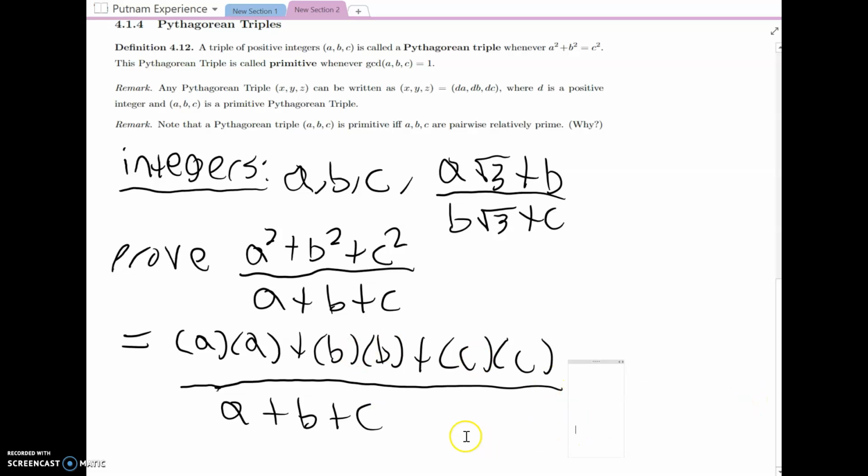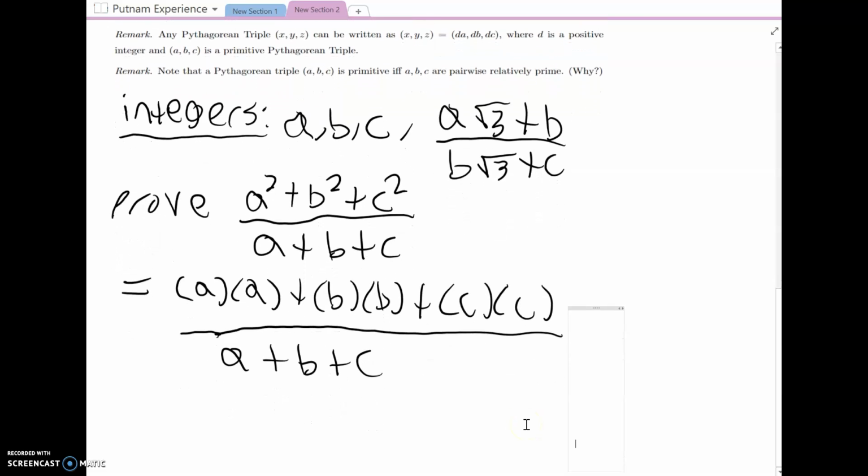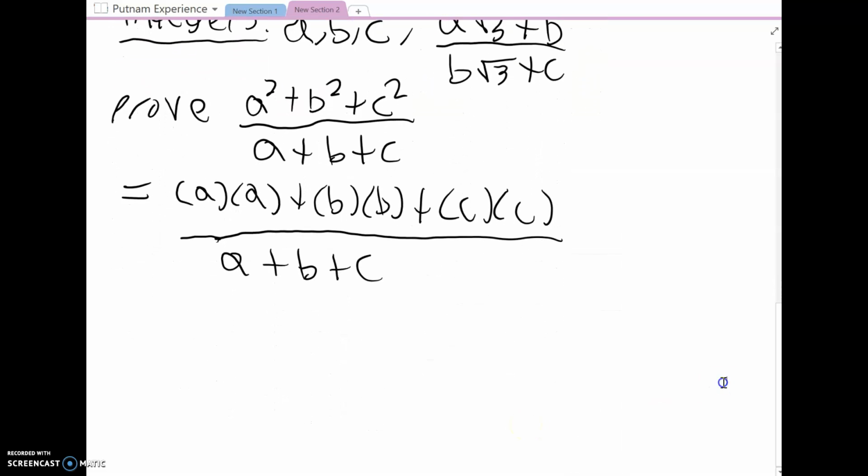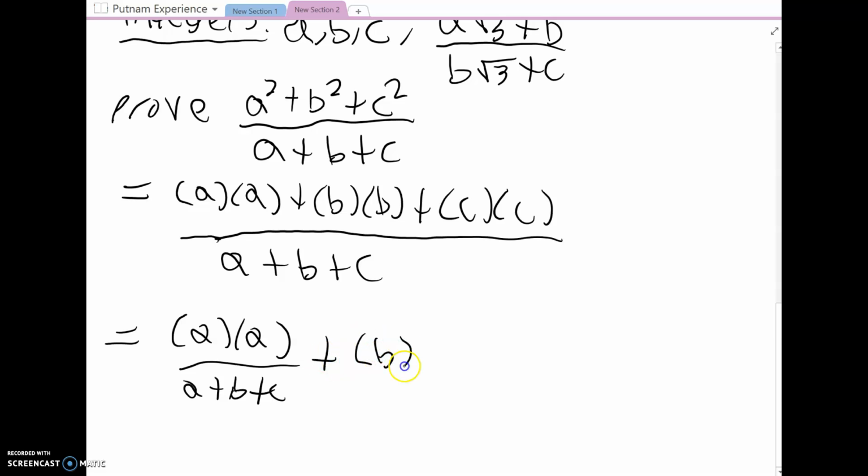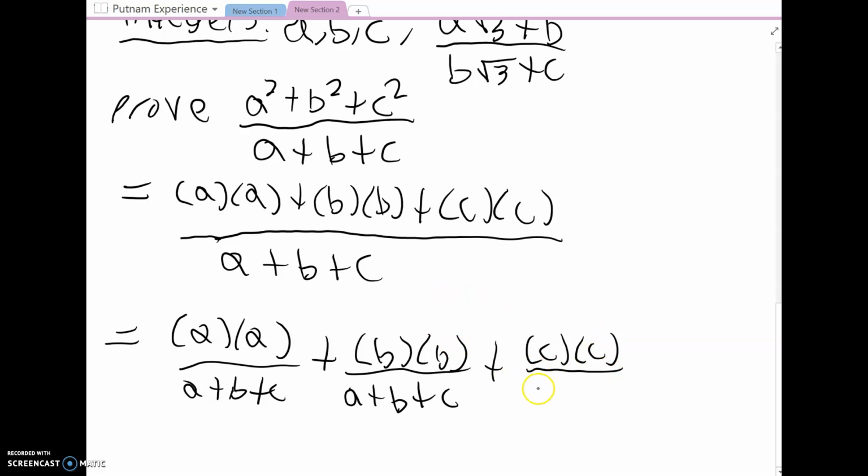And then I think you can simplify this more. This could look like a times a over a + b + c, plus b times b over a + b + c, plus c times c over a + b + c.